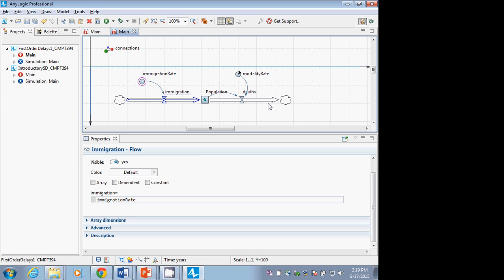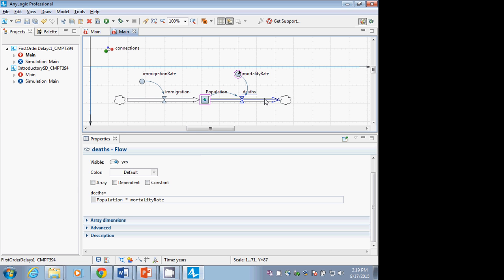The immigration equals 10. At what point will immigration equal deaths? Okay, well, immigration is 10, right? And on the right-hand side, what do we have for deaths? This is the rate of immigration, 10 people per year.